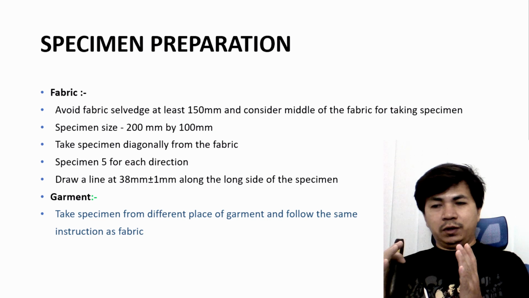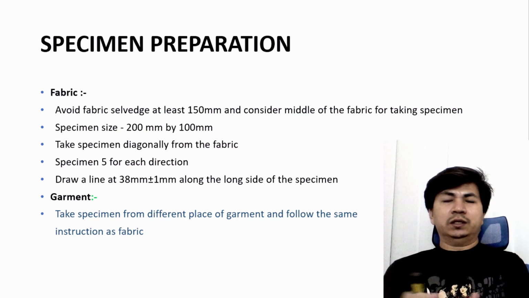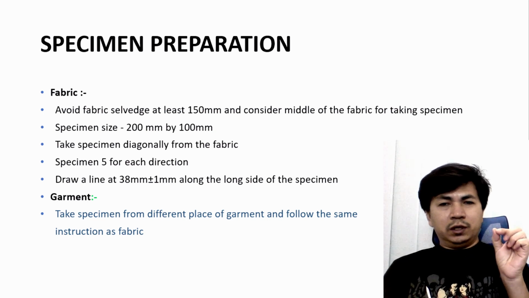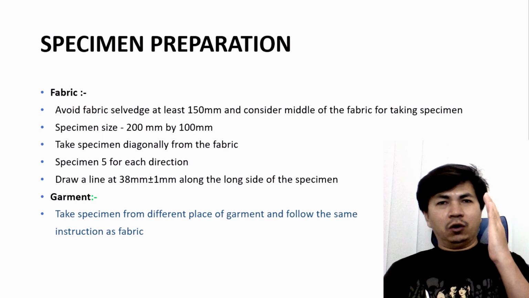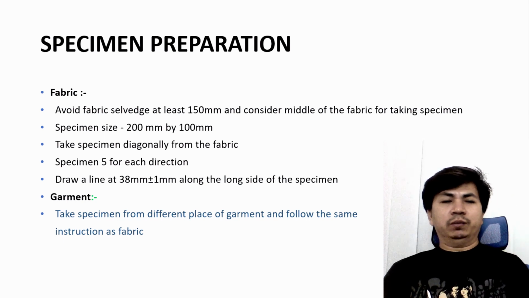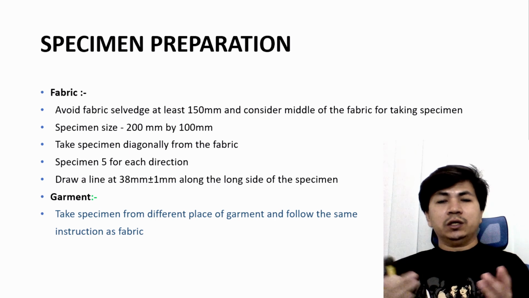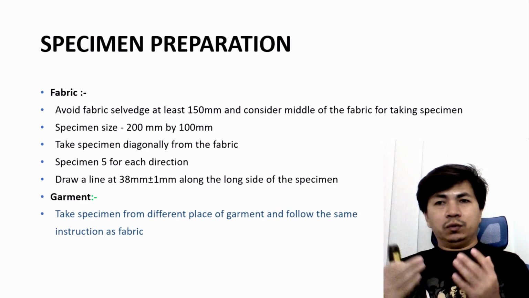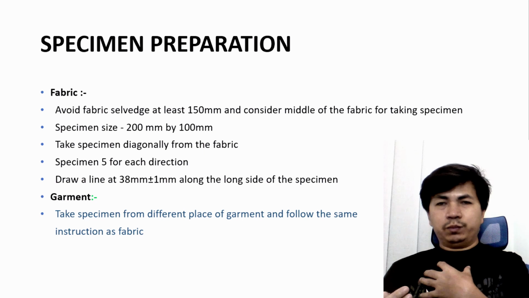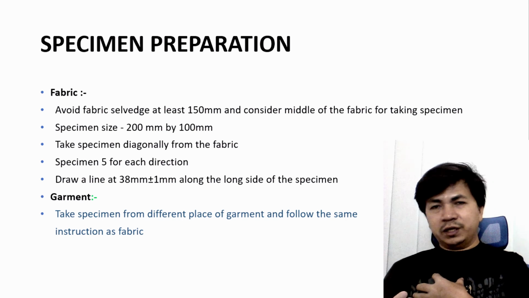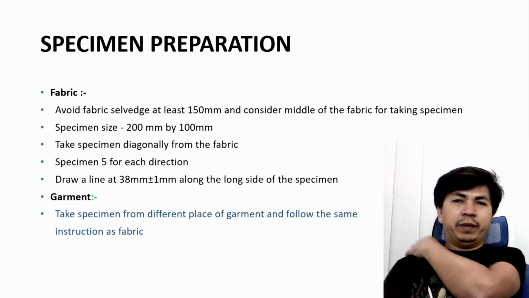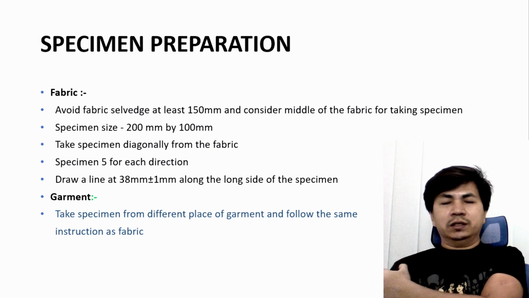After cutting the specimen, we have to draw a line along the long side of the specimen. In the case of garments, we will take specimens from different places. Suppose you can take from the front side, back side, and sleeve.